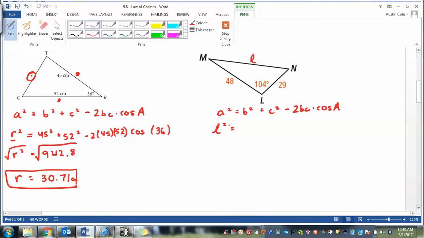I'm then going to end with cosine of angle L, which is 104. So times cosine of 104. And then B and C become the other two sides, so 48 and 29. Does it matter which one's B and which one's C? No, it doesn't. So 29 squared plus 48 squared minus 2 times 29 times 48.